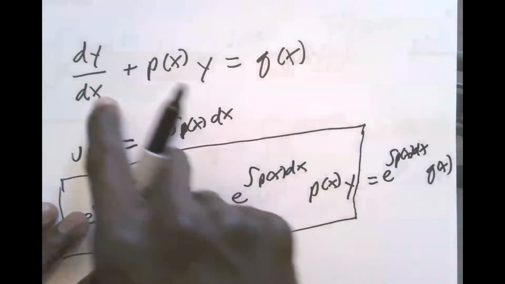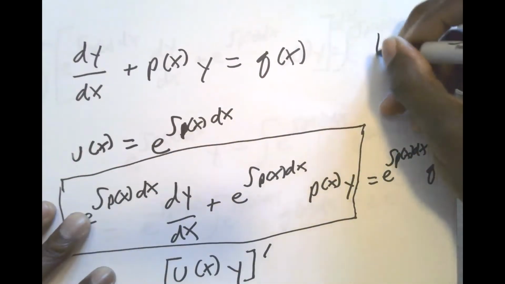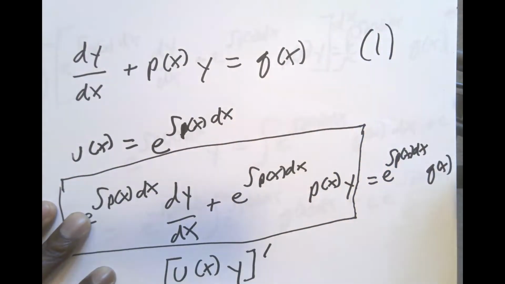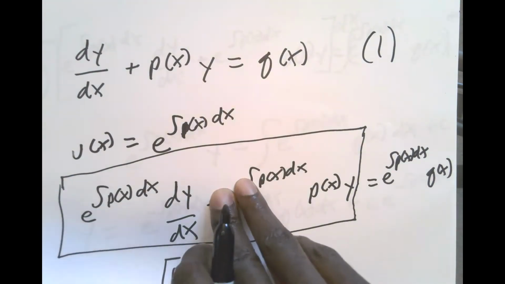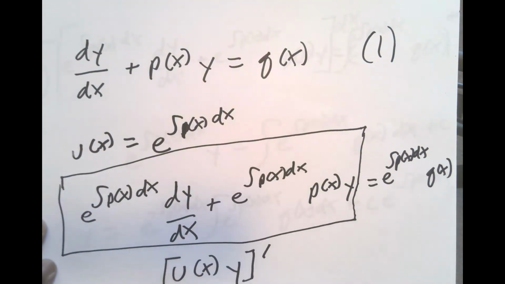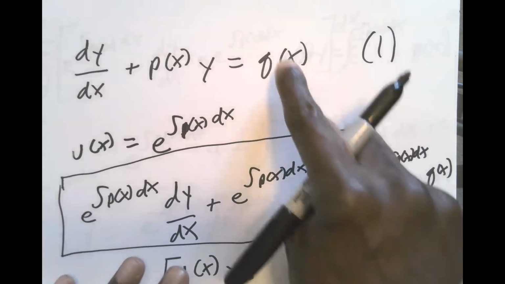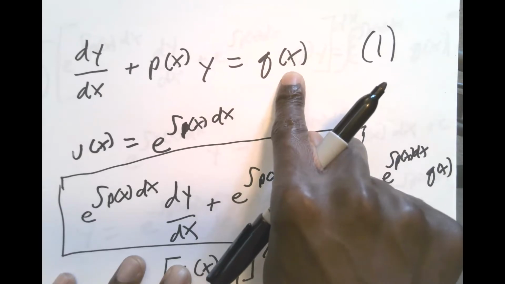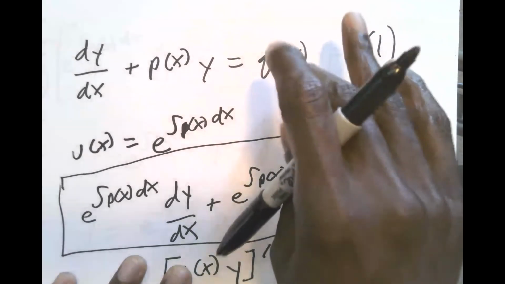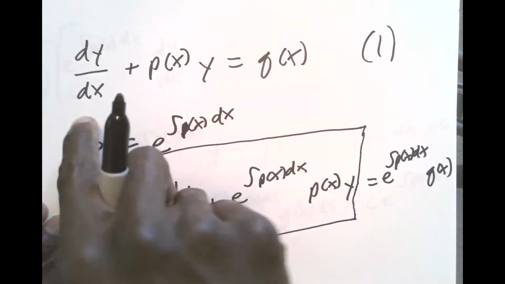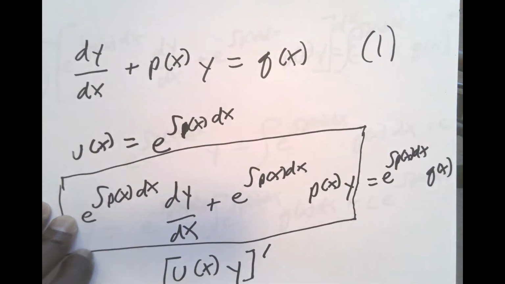Now, one thing I want to point out before I do several examples is that the solution to a first order linear differential equation, so this guy, let's say I call this guy 1. The solution to 1 is the solution to the associated homogeneous differential equation, which is when q is equal to 0, plus what we call the particular solution to the differential equation.